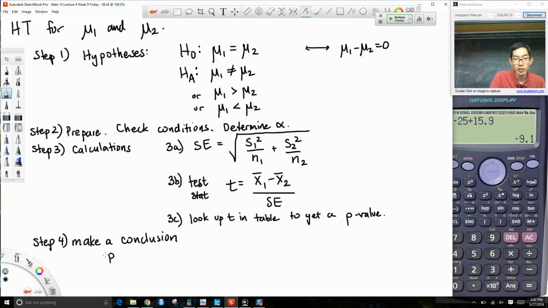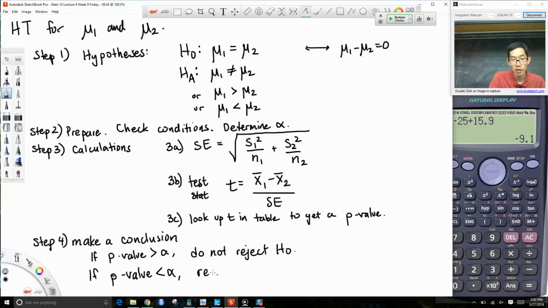Based on the p-value, if the p-value is greater than alpha, do not reject the null hypothesis. And if the p-value is less than alpha, reject the null hypothesis. So that is always the same.